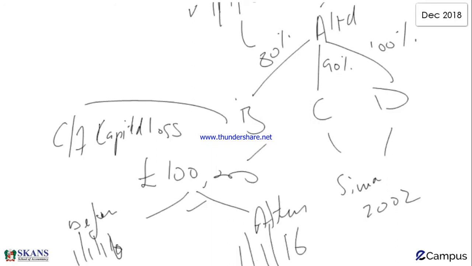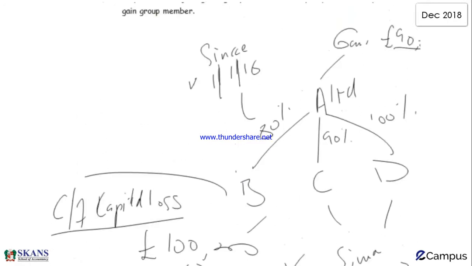Well, if the asset has been sold after joining the group, that is 1st January 2016, in that case, we are allowed to use this brought forward capital loss. But if this carried forward capital loss was realized on sale of such an asset which was acquired before joining the group, well, such losses are called pre-entry losses.